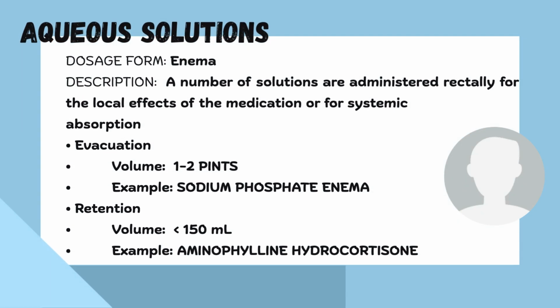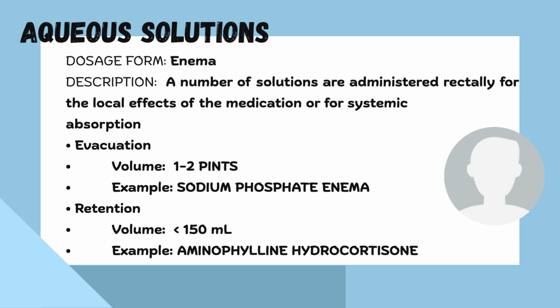Okay, another important aqueous solution, the enema. An enema is a solution administered rectally either for local effects like cleansing the bowel or for systemic absorption when the drug is absorbed through the rectal mucosa. When we say enema, this is the solution administered into the rectum using a special nozzle or syringe.